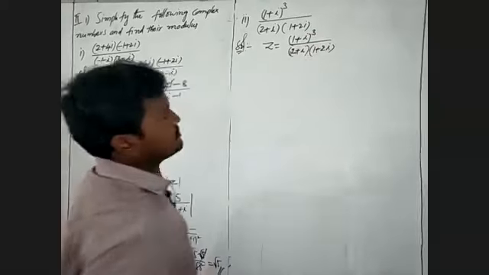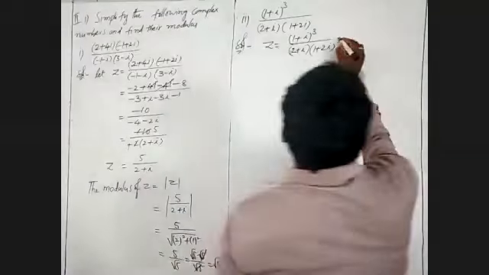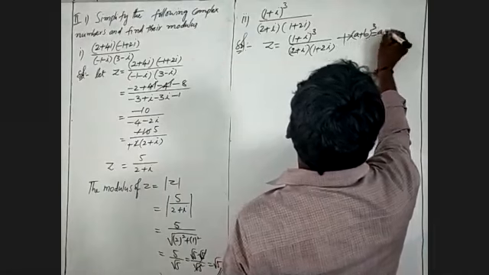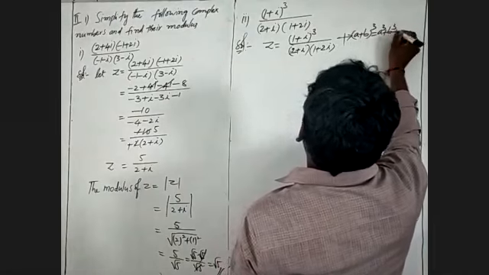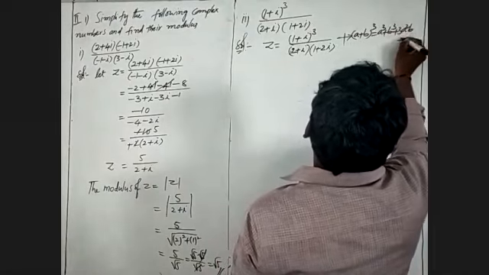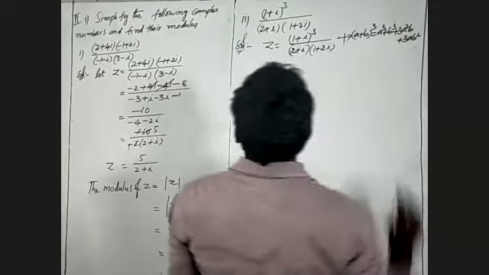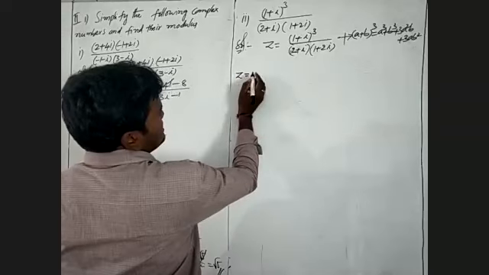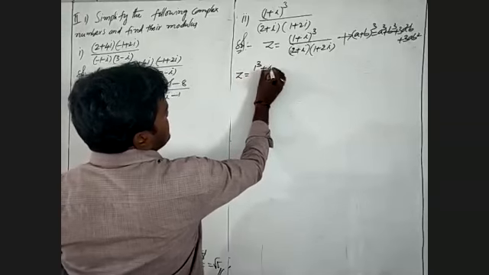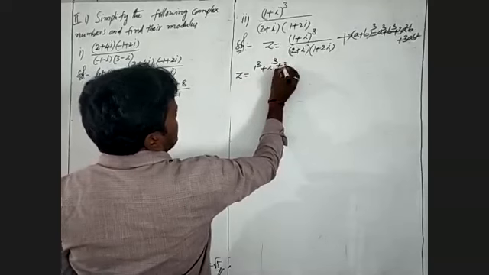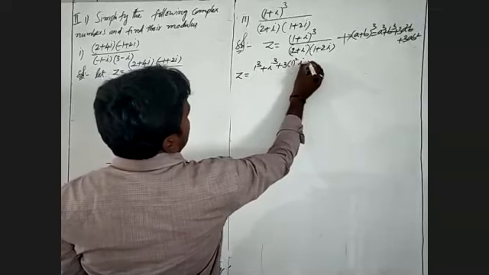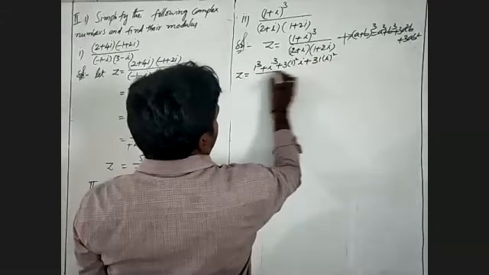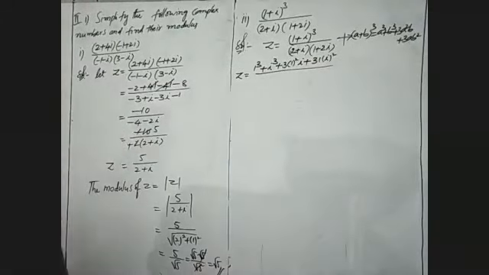Already we know one formula: (a plus b) whole cube is nothing but a cube plus b cube plus 3a square b plus 3ab square. We have to expand this. I will write z is nothing but 1 cube plus i cube plus 3 into 1 square into i plus 3 into 1 into i square.